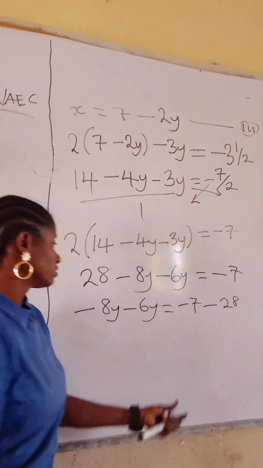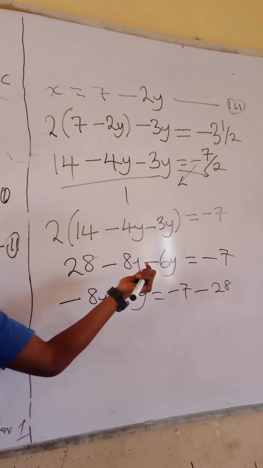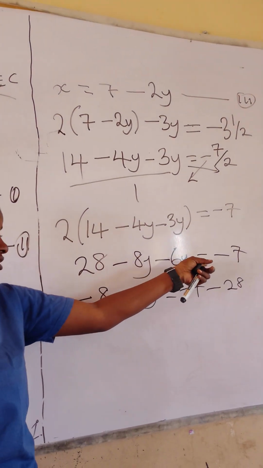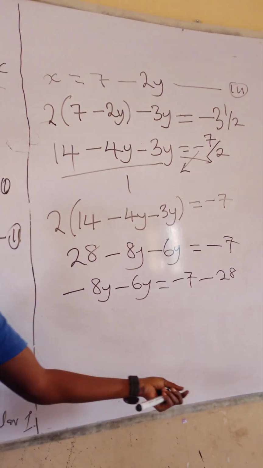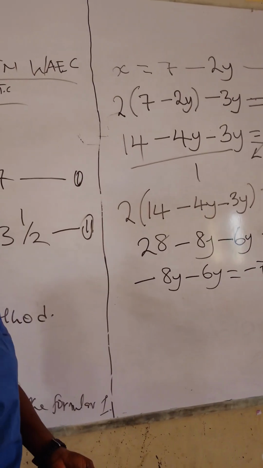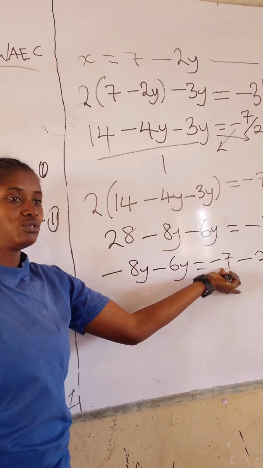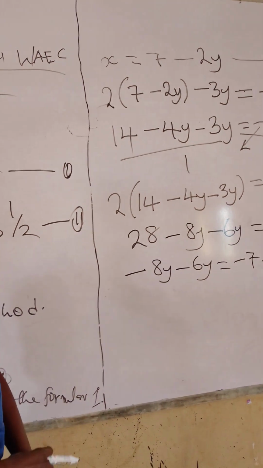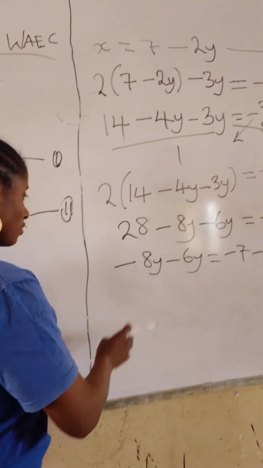The reason we have 28 is that in our previous class I said anything that crosses the equality sign, the sign will change. If you do not change the sign, you will end up having a wrong value, and your steps too, everything will be wrong. So in mathematics, you always work with your sign.